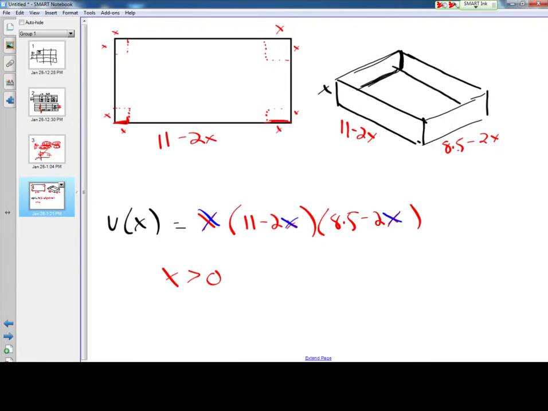Now what about the largest value that I can put in there? Well, let's think about this real quick. I know that originally this side was 11 and this side was 8.5, right? So if I fold it to where it's about 4.25, am I going to get a box?